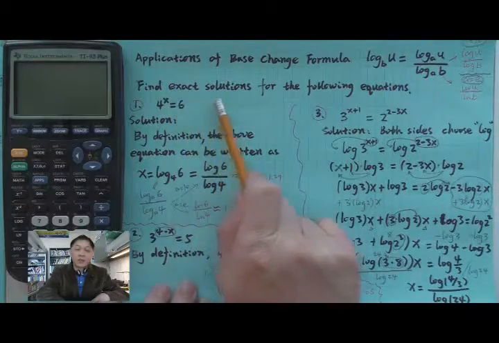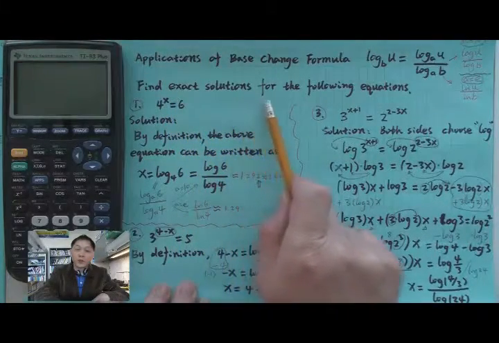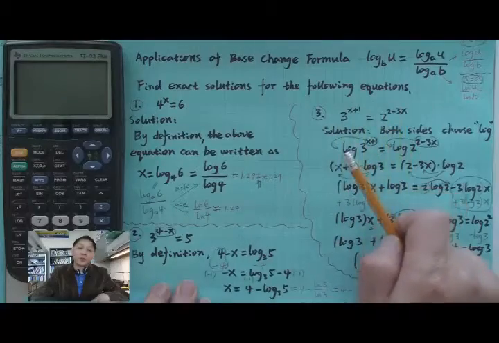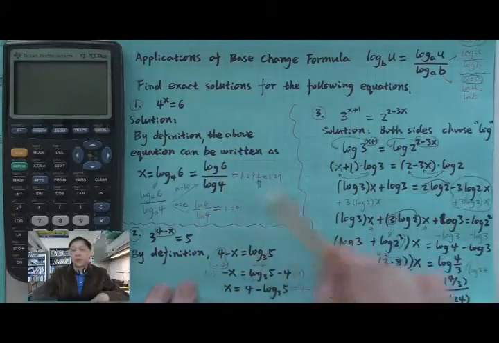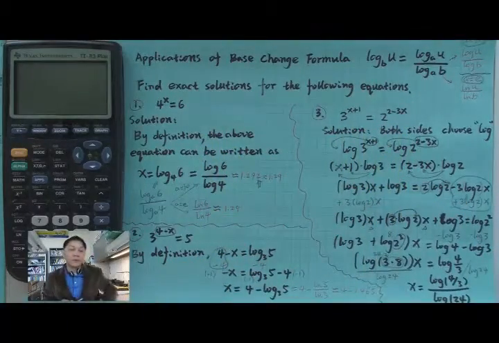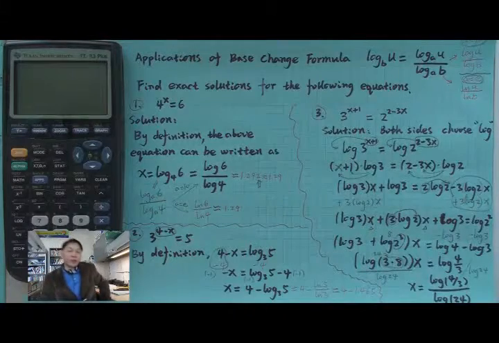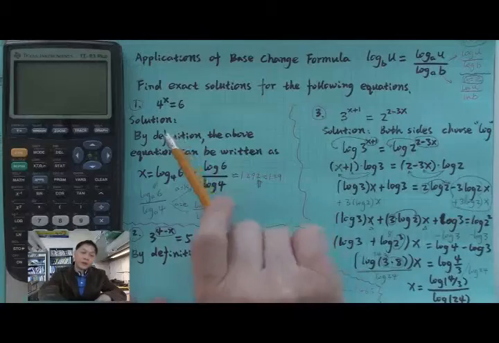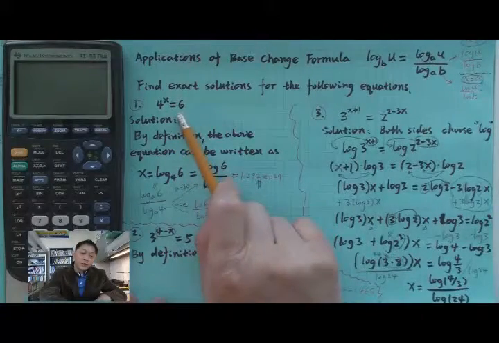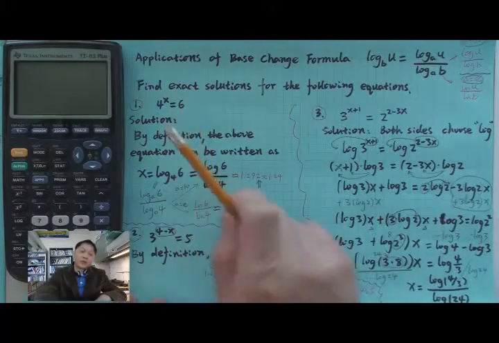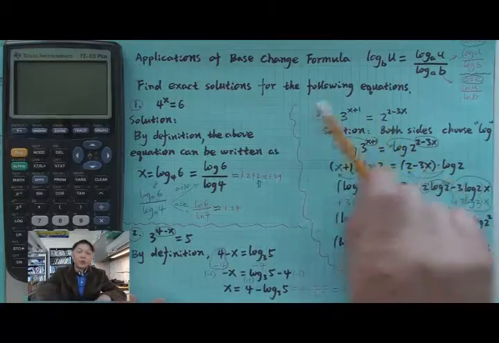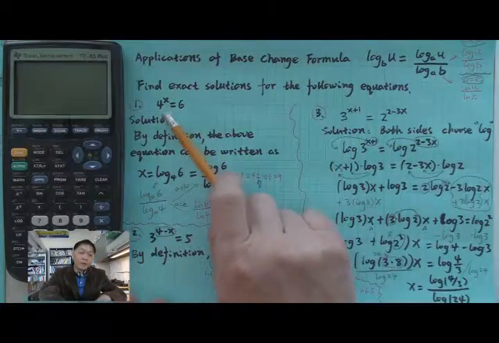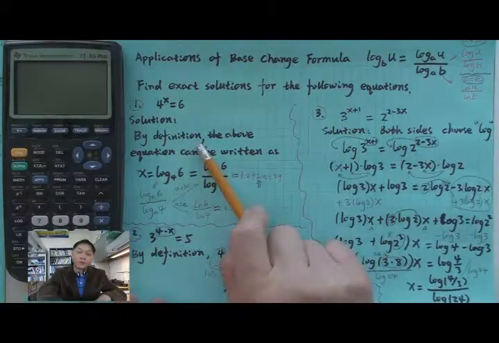Find exact solutions for the following equations. There are 3 equations right here. Let's look at the first one. The first one says that 4 to the x equals 6. So you may rewrite this one by definition.